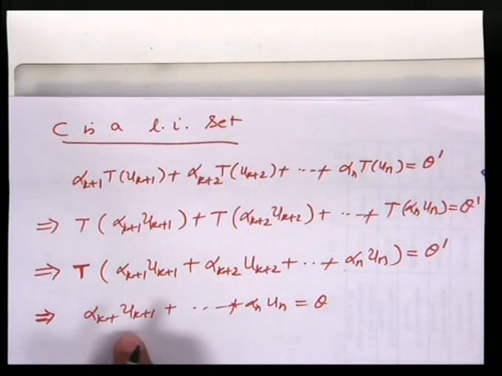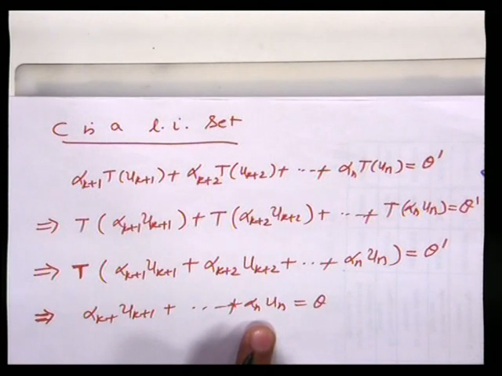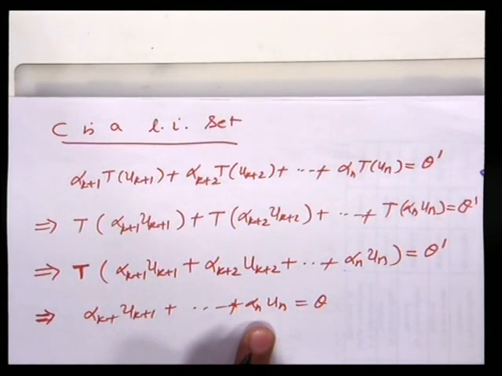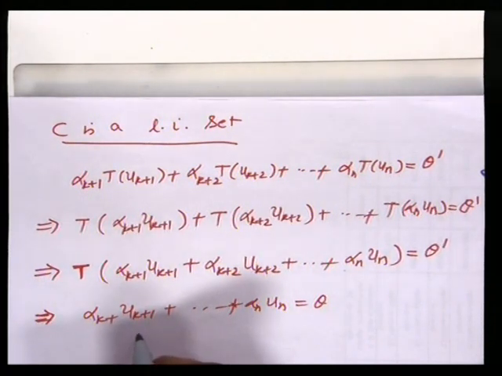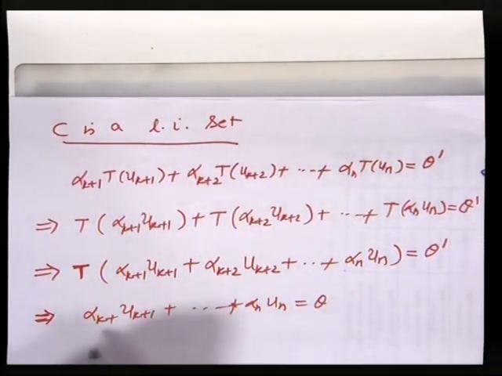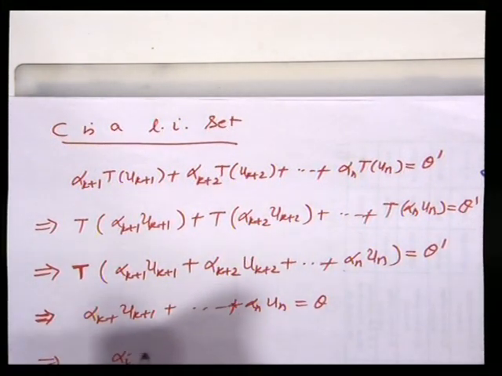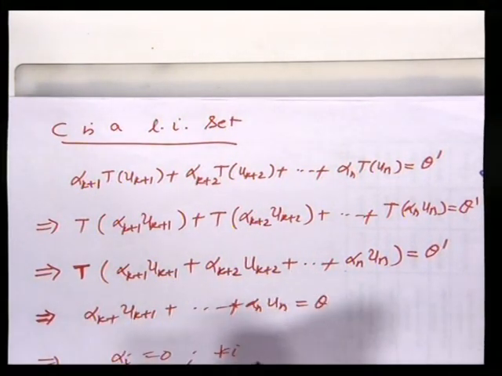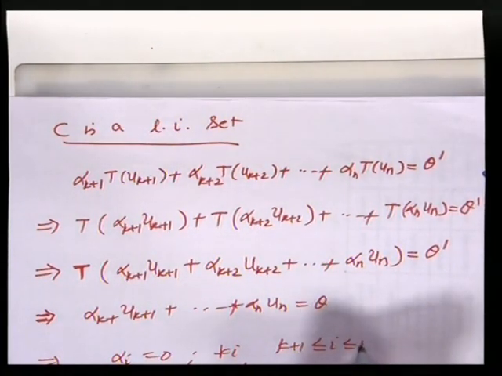These vectors uk plus 1, uk plus 2, up to un are vectors of the set B, and B is a basis of U. So these vectors uk plus 1, uk plus 2, up to un are linearly independent vectors. So we get alpha i is equal to 0 for every i where k plus 1 is less than or equal to i, less than or equal to n.